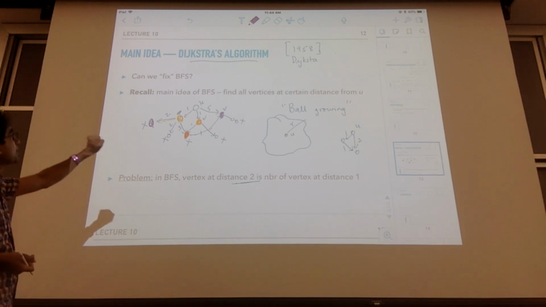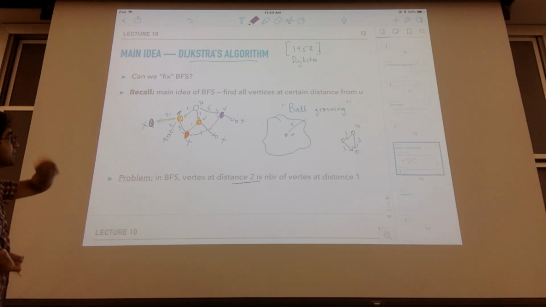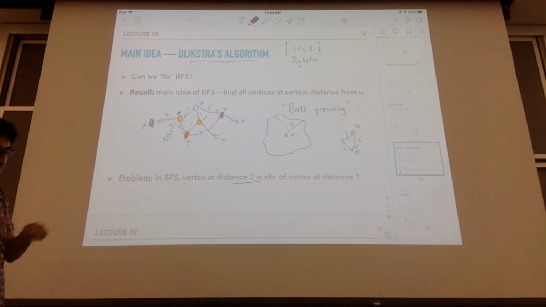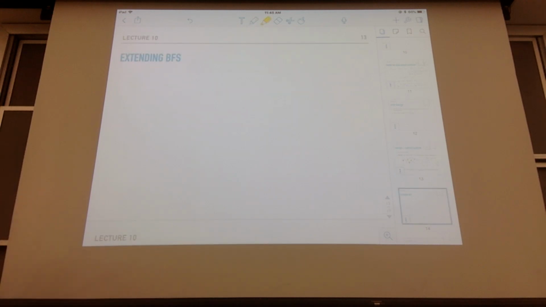So this is the idea behind Dijkstra's algorithm. At each step, the idea is to do it systematically by, instead of just looking at all these things, adding one vertex at a time. In some sense, it's extending real fast.